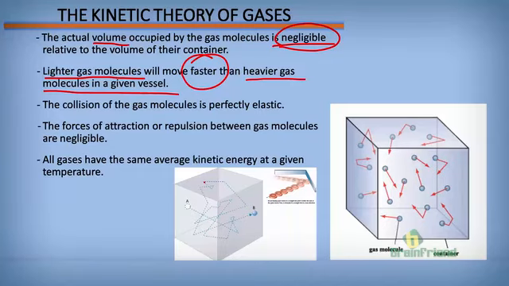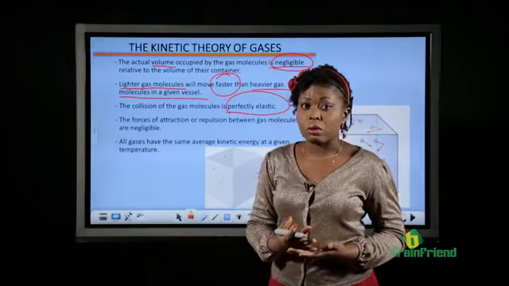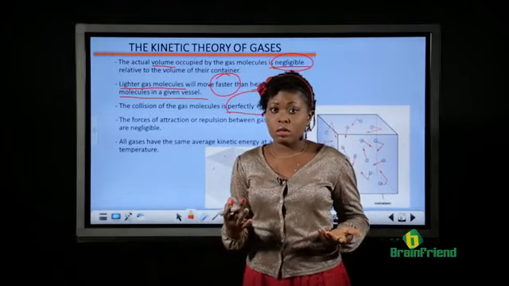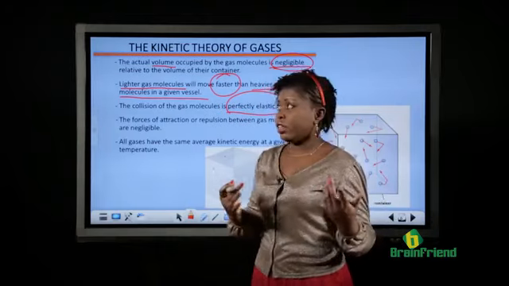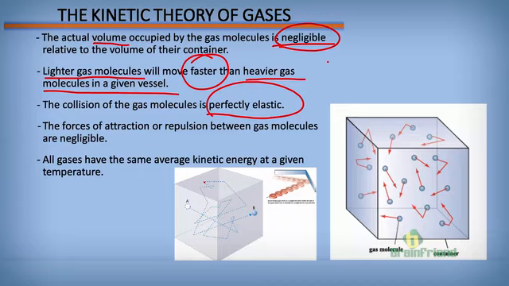Now, the collision of gas molecules is perfectly elastic. This simply means that when there is a collision between two gas molecules, energy is not lost, neither is energy gained. For example, if one gas molecule is coming with an energy of, say, 40, and another is coming with an energy of 60, this totals an energy of 100. Now, when they collide, one of them may lose energy and the other may gain energy.